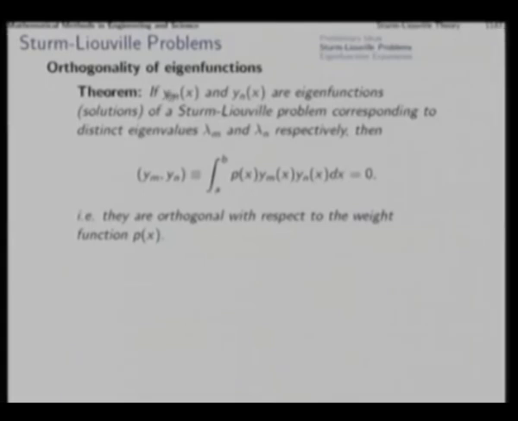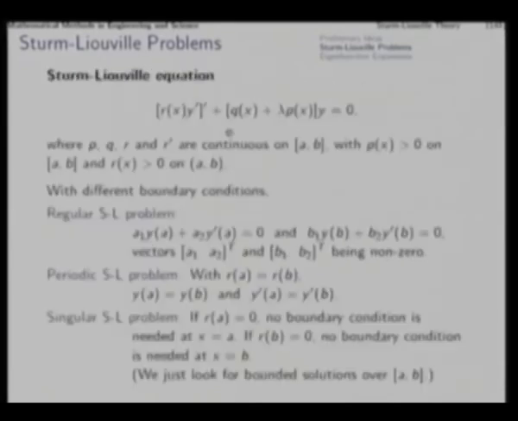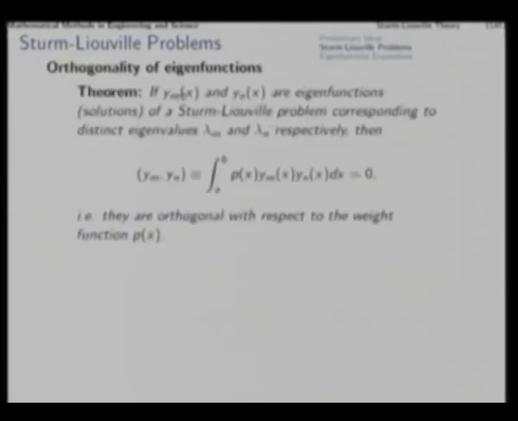If ym and yn are two eigenfunctions, or solutions, of the Sturm-Liouville problem defined as earlier, corresponding to distinct eigenvalues lambda m and lambda n, then they turn out to be orthogonal with respect to each other with the weight function p(x) here.